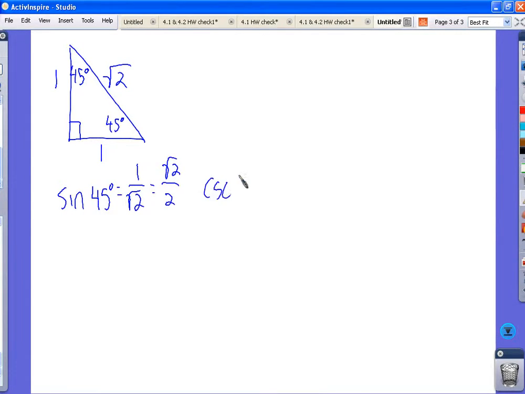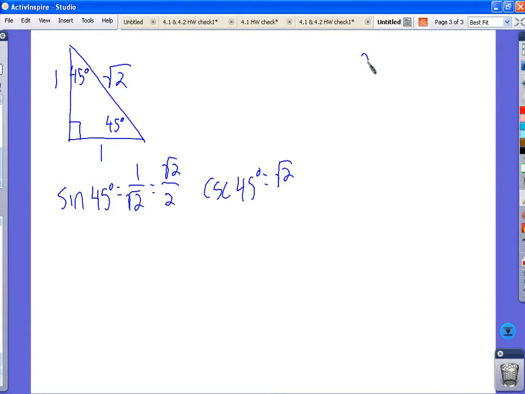And then the cosecant of 45 is, so what? Root 2 over 1. One way we can do it, you just go back here and flip this guy over. Root 2 over 1.